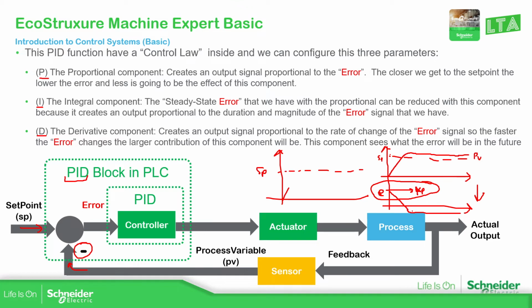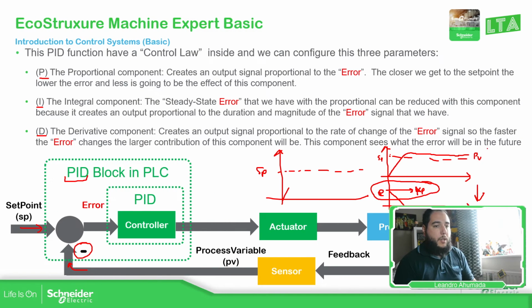And in the stationary state this can give us a constant error. So that is the effect of the proportional part.